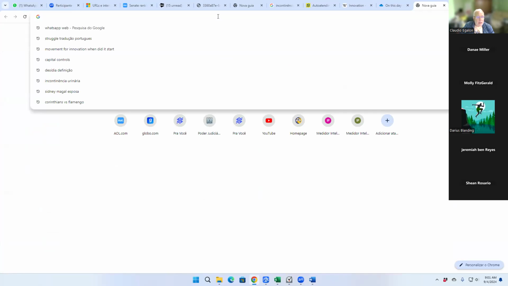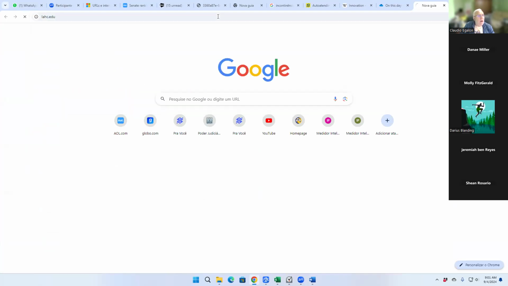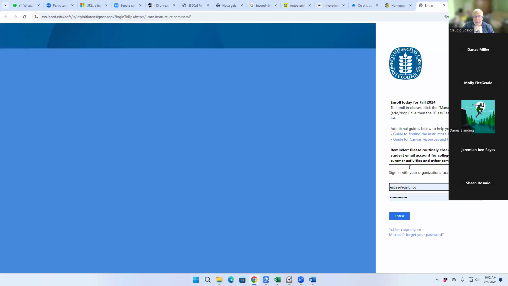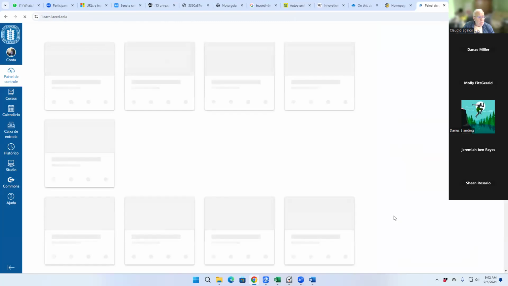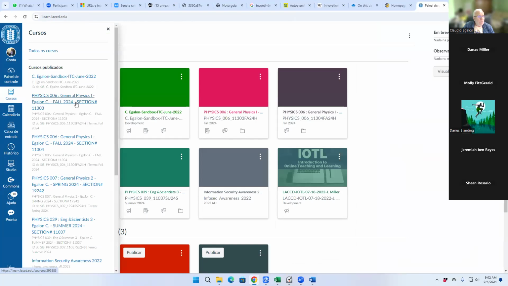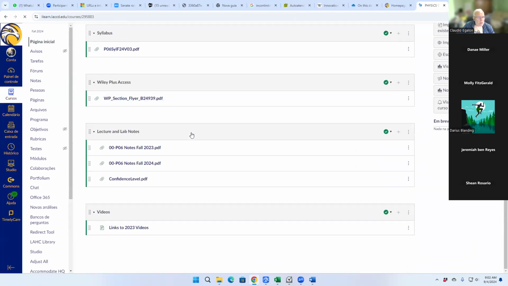Let's go back to my canvas page. There is a table there in my canvas page. Here you go, lecture and lab notes, confidence level. I'm going to download that.